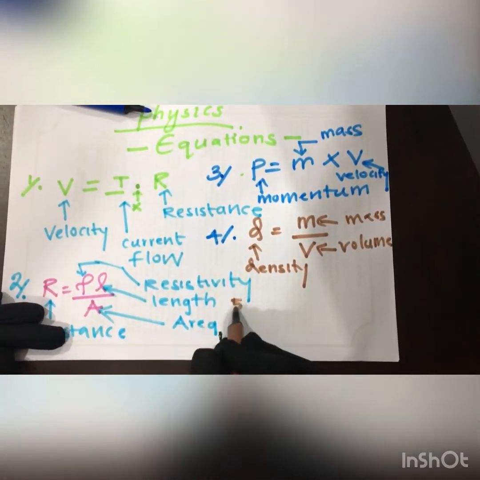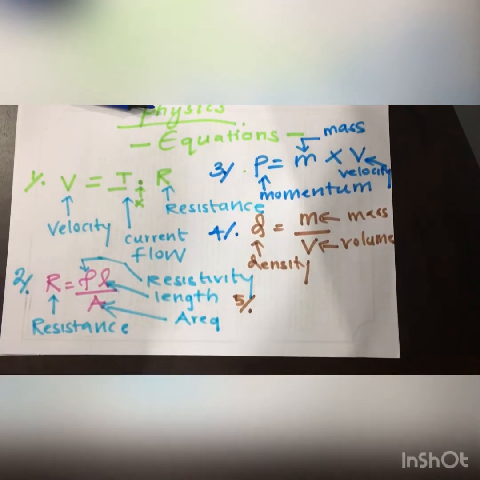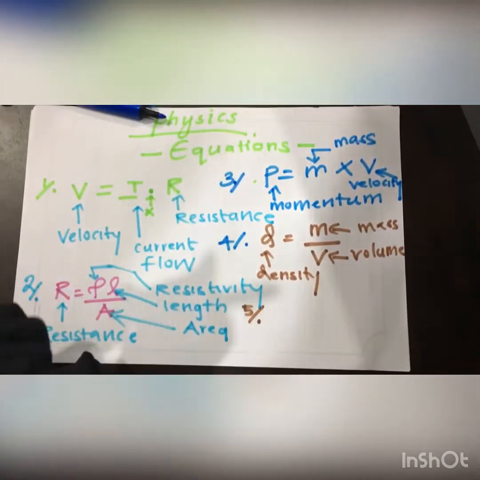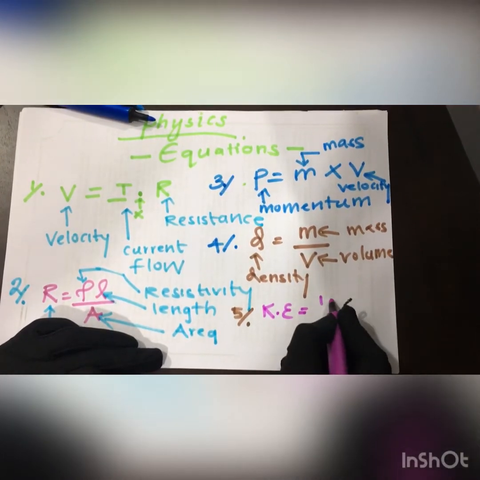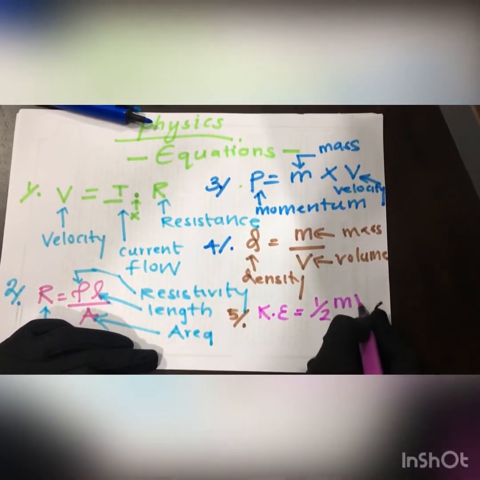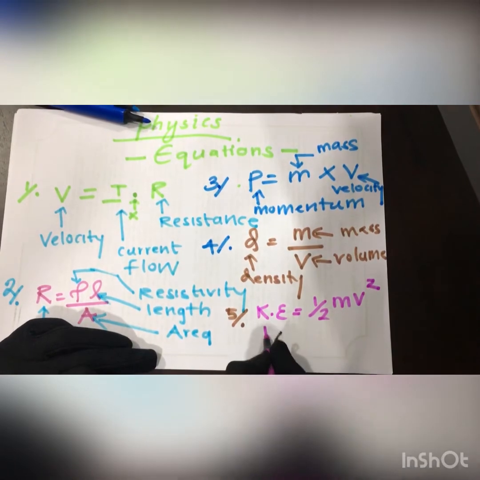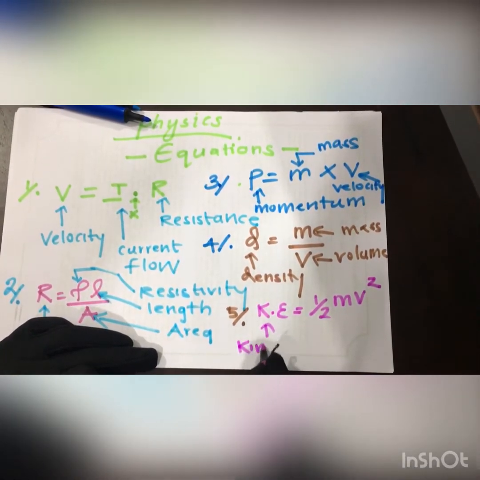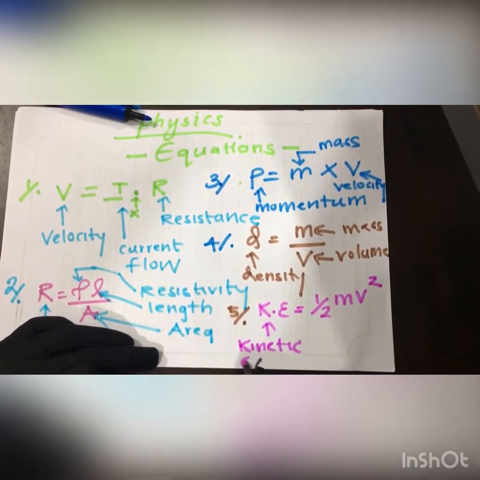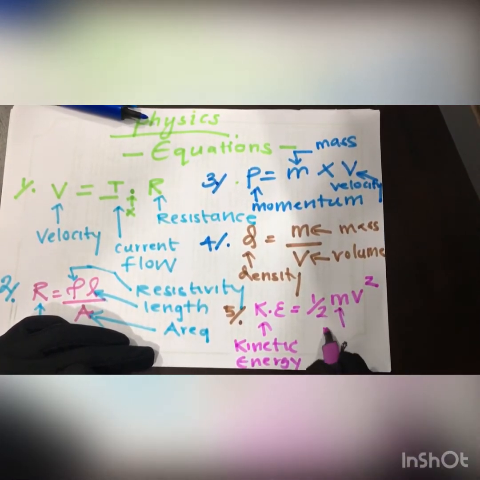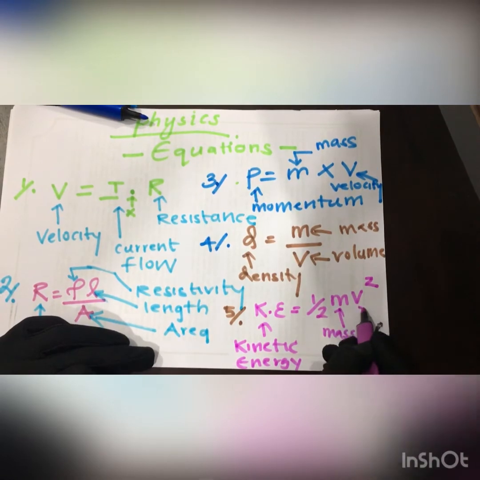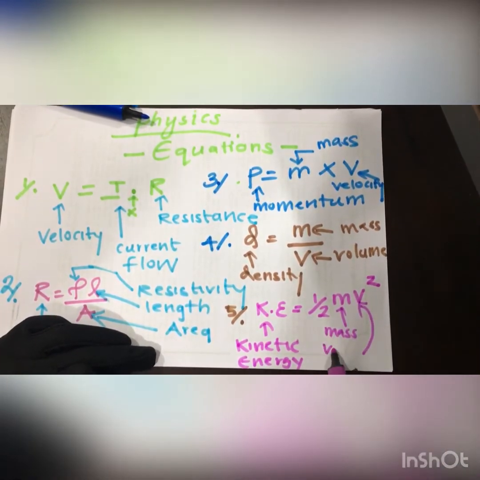And the fifth equation is kinetic energy equals half mv squared. K is the kinetic energy, m is the mass, v is the velocity.